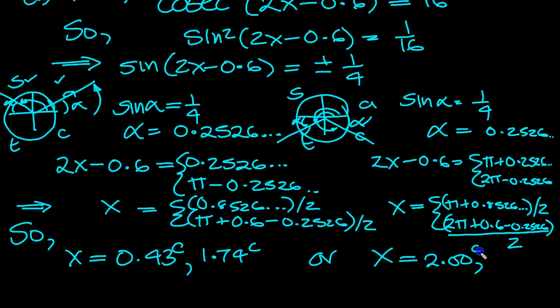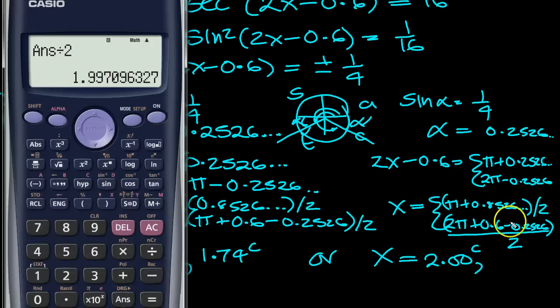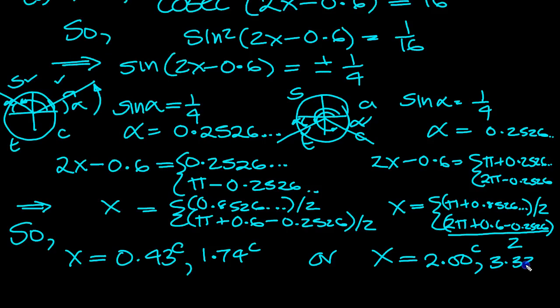That's radians. And the other one is 2 times pi plus 0.6 minus 0.2526 equals, divide the whole thing by 2, 3.32, isn't it? 3.32.